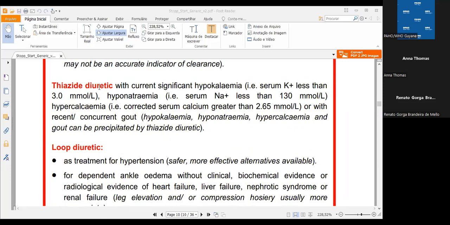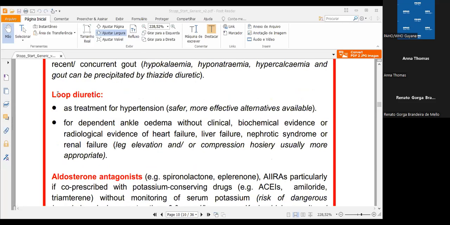Avoid thiazide diuretic medication with current significant hypokalemia or recent concurrent gout episode. Avoid loop diuretic as treatment for hypertension, or for dependent ankle edema without clinical, biochemical or radiological evidence of heart failure, liver failure, nephrotic syndrome, or renal failure.